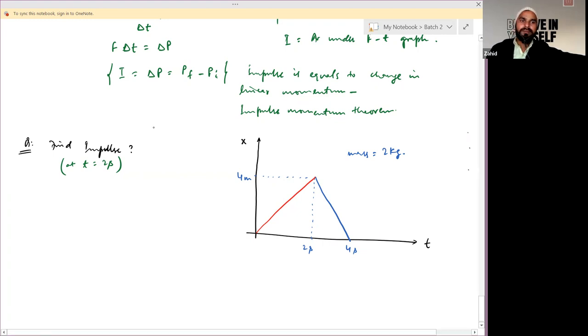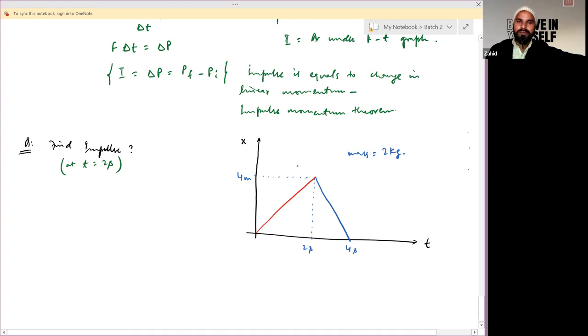Sir, could you explain again? Since we have two different formulas to find impulse, the first one is impulse equals force into time, and in terms of graph, it equals area under the force time graph. But in this part, we have an x versus t graph, that is displacement versus time graph. So there is another relation to find impulse using the impulse momentum theorem.